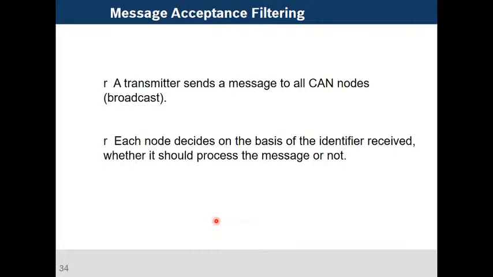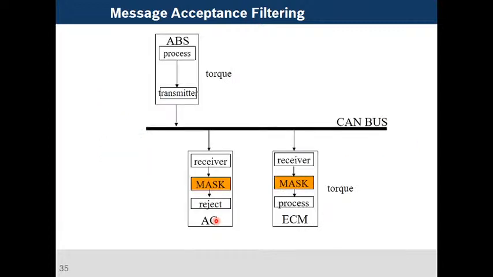But whichever node requires that data, only those nodes will process it. All the other nodes will ignore those messages. For that you can set the filters, and the message acceptance filter will be set like this.